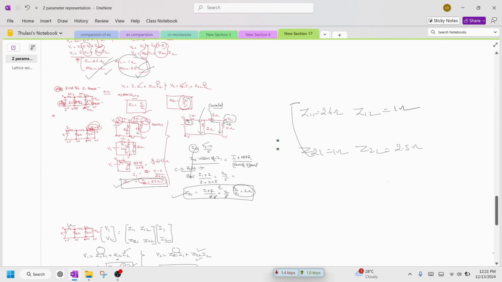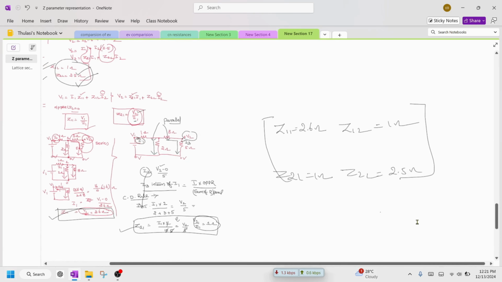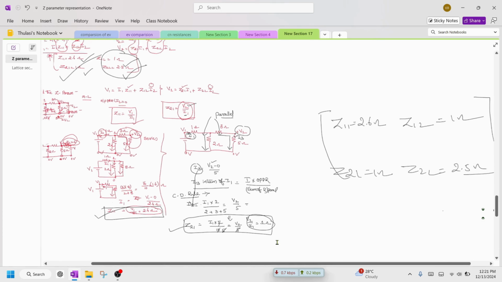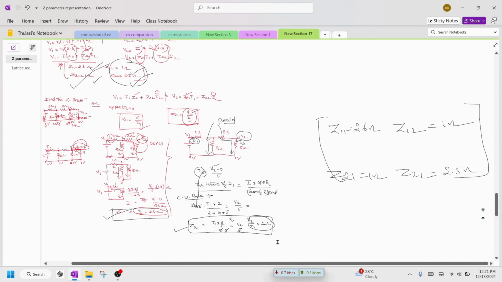We can compare these two values. We can easily compare them, and we can see that almost all the answers are the same.